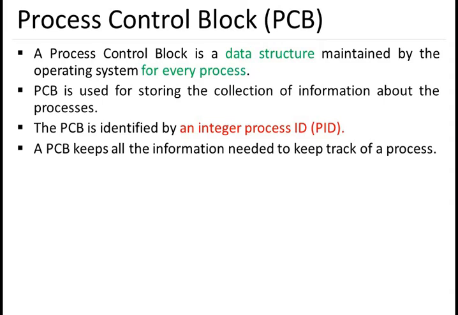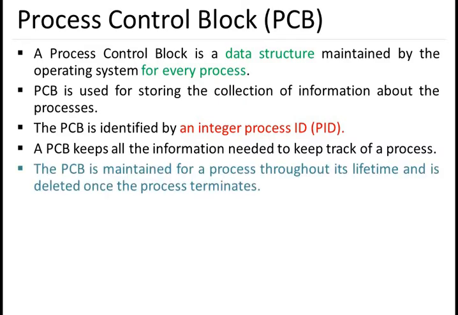PCB keeps all the information needed to keep track of the process in that particular data structure. PCB is maintained for a process throughout its lifetime, and it is deleted once the process terminates. So once I have executed my C program successfully and terminated everything, the PCB that was created to execute this program is deleted once my program execution is completed.